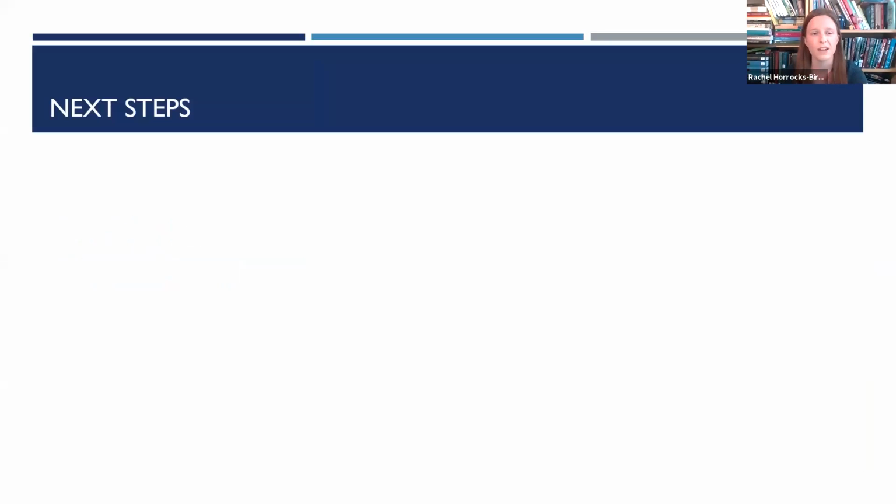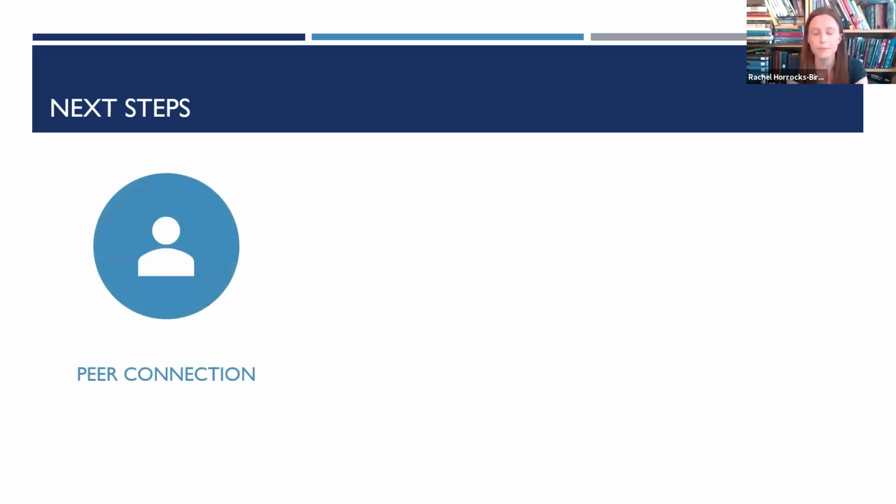So let's close briefly by thinking about next steps. What sort of things are we experimenting with? Firstly, peer connection. You'll probably have noticed that I didn't talk at all about peer connection. A lot of what I've been asking students to do is to watch something or read something and then complete an activity.